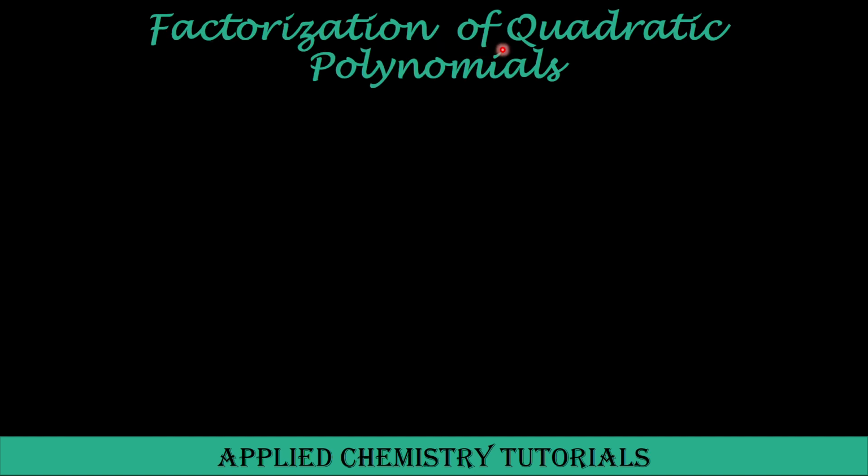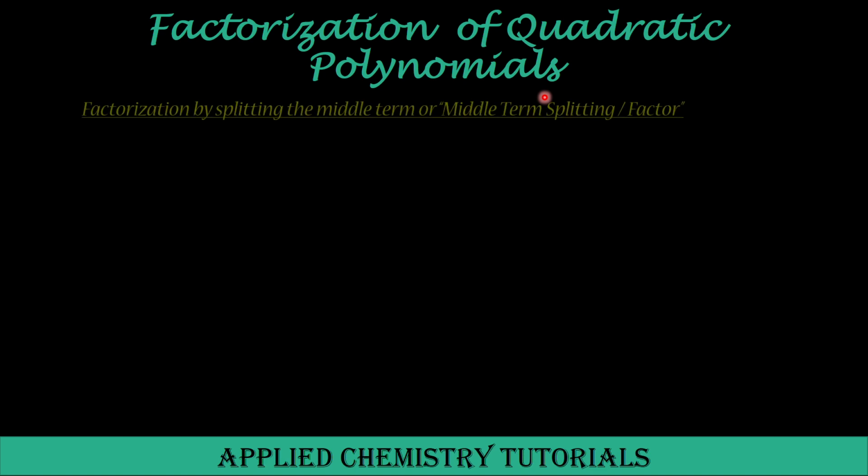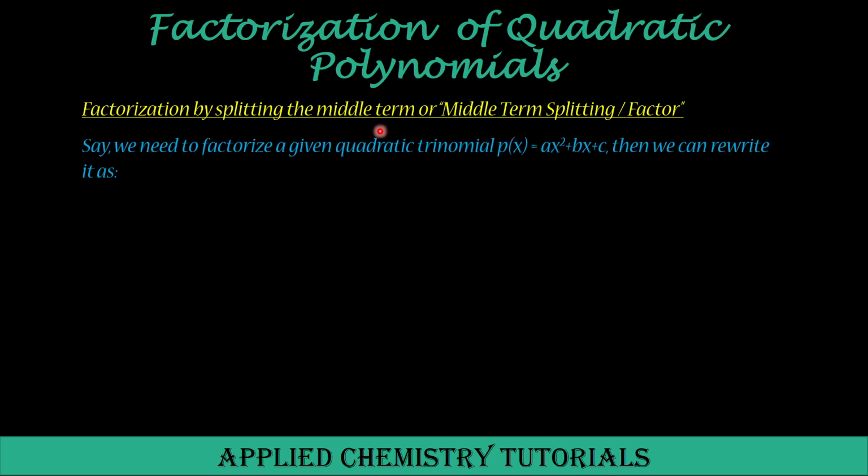Now let's talk about the factorization of quadratic polynomials. Factorization by splitting the middle term, commonly known as middle term splitting or middle term factor. Say we need to factorize a given quadratic trinomial p(x) equals ax squared plus bx plus c.